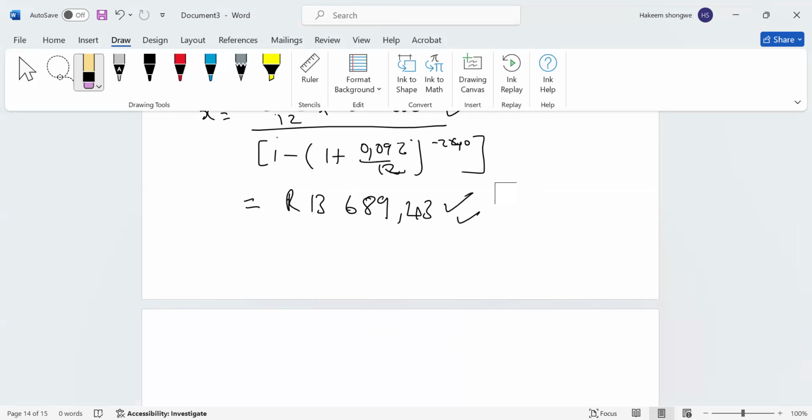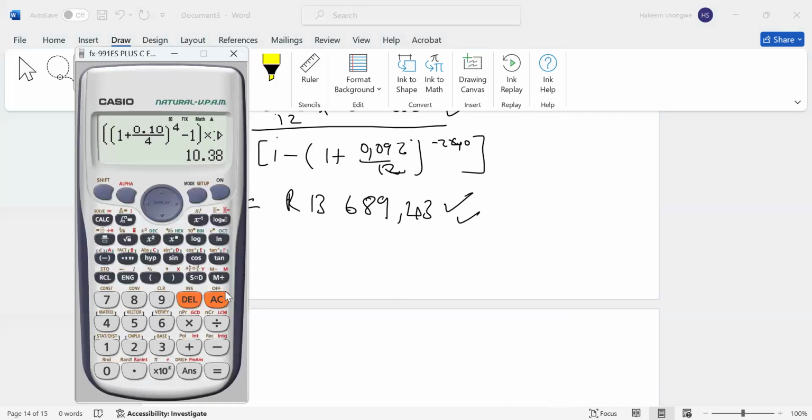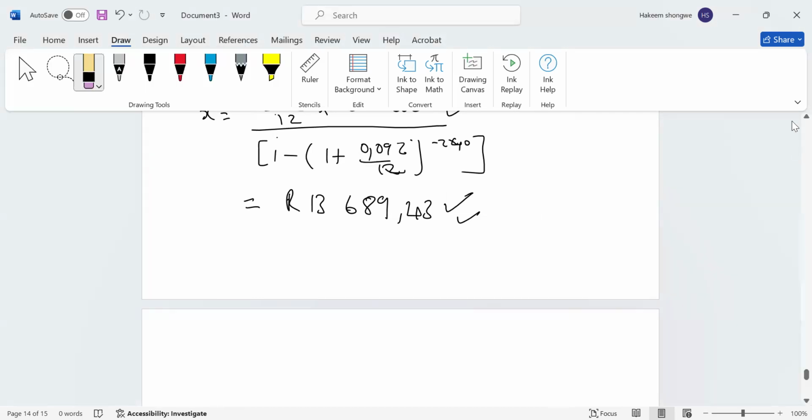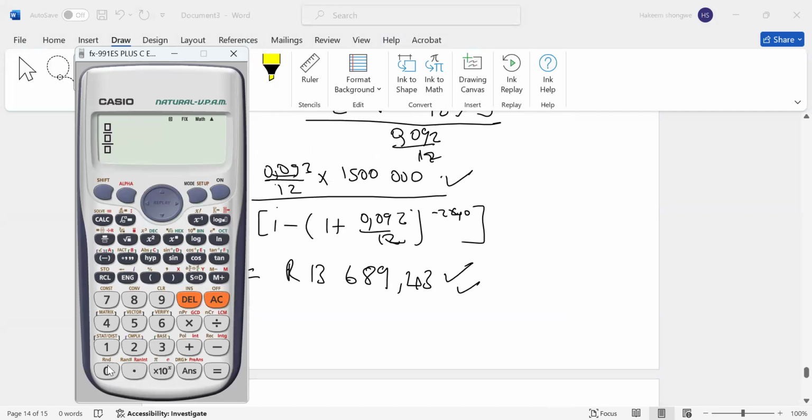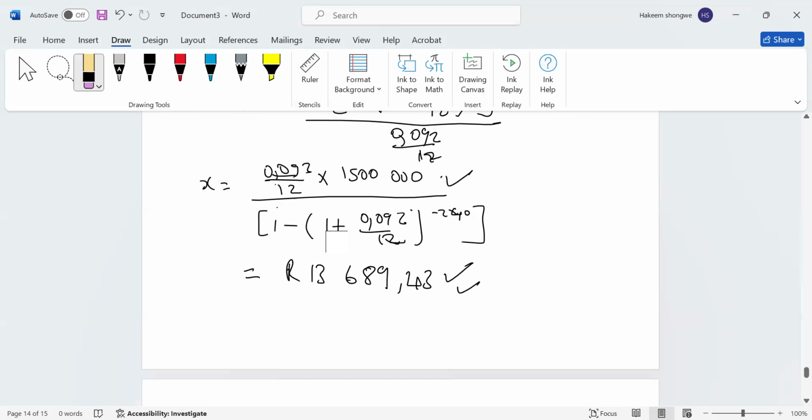You can't pay 2,000 on a 1.5 million house. Let's check which way you went wrong. We're supposed to have the fraction 0.092, it's 92, not 93, divided by 12. The answer of Rapelo is correct. Thank you. It's been confirmed, so we're all happy then.